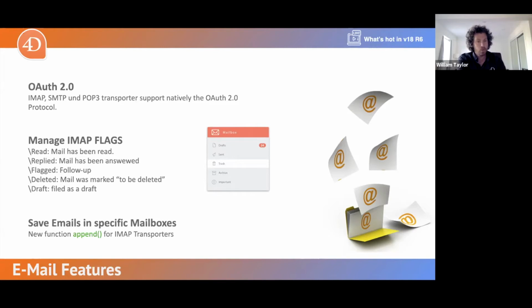So now, what you're able to do is use the append function to save your emails into a specific folder, in the sent folder, for example. You can also use that to put that in the draft email folder if you want to do something like that. So more functionality using IMAP is being added as we go along in the releases. So that's great.